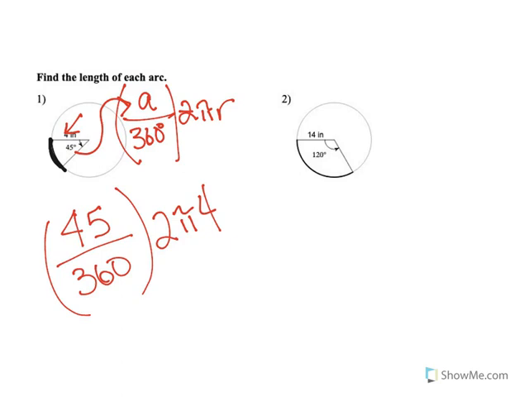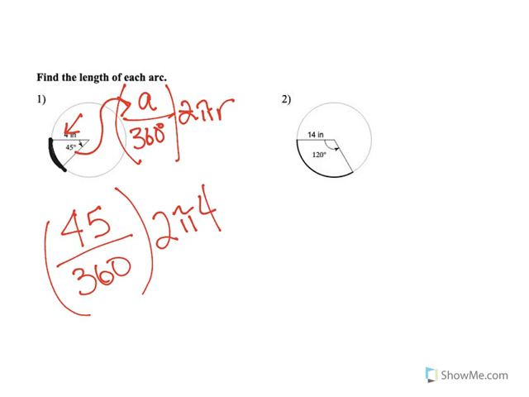Now technically you can put that in the calculator just like that. Use your parentheses. So in your calculator you would type parentheses 45 divided by 360, parentheses 2, use that pi button, which this might actually be the first time we're talking about the pi button. You push the second button and then the caret, which is the little arrow thing right above the division sign. And you'll notice right above that there's a little blue pi.